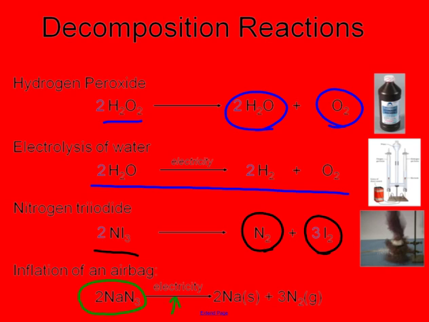And what will result is there'll be some solid sodium forming, but also there'll be the rapid onset of nitrogen gas, which will rapidly inflate the bag. Faster than the eye can blink, in fact. Such a fast reaction. But that is the mechanics, the chemistry of how an airbag works, and how it can, as long as you're 5'2" or higher, save your life.